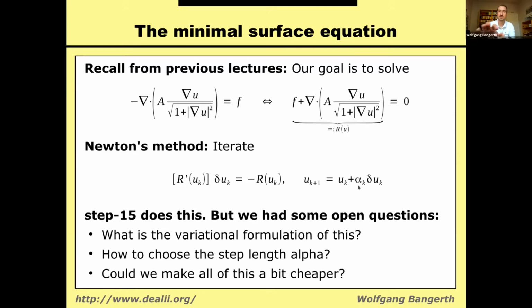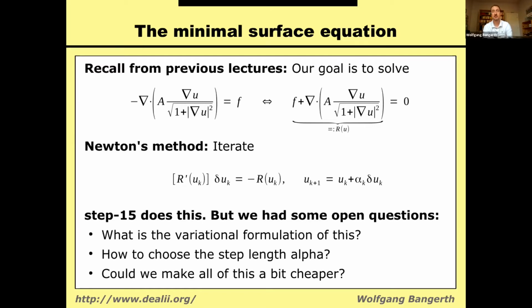Then the second issue that we have to address is how do we compute this alpha k, this step length here? Step 15 just says pick 0.1 and hope for convergence, but that's not efficient. We know how to do better. We know that we need to choose it differently in each iteration. And so an extension of step 15 is, well, how do you actually do this?